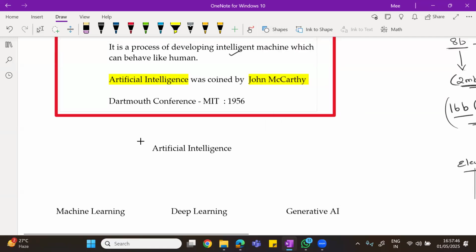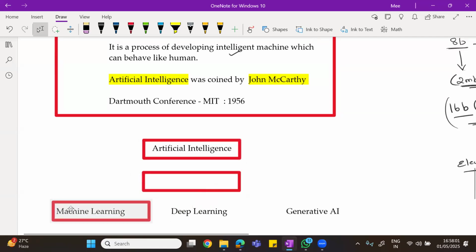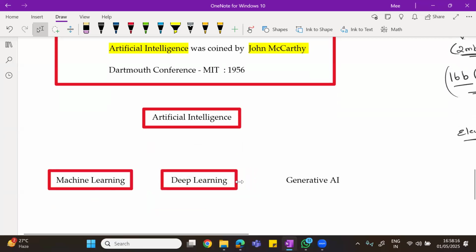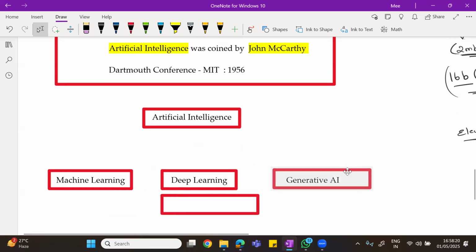It is 100% a concept: how to create an intelligent machine, how you will build an intelligent machine. Based on this concept, it is implemented using machine learning, deep learning and generative AI. These are the three ways.